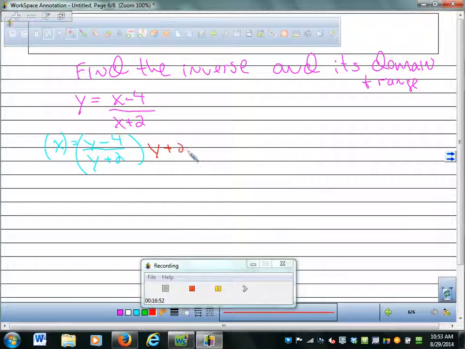And yes, this will go away, but now I have this times this, and I have to distribute that through. So I'm going to distribute this: x times y, xy, plus 2x equals y minus 4.